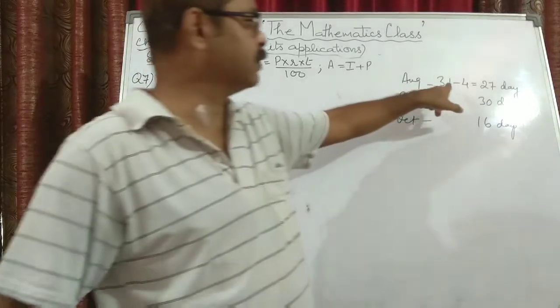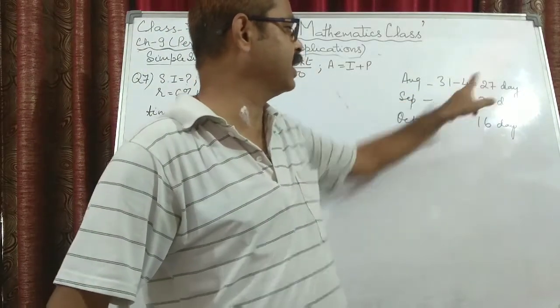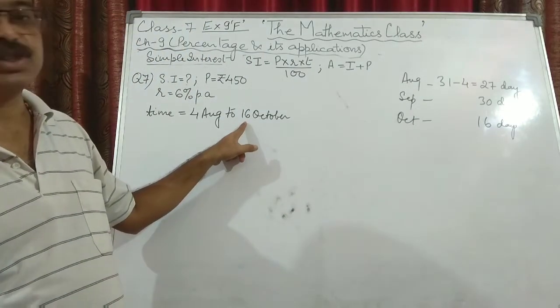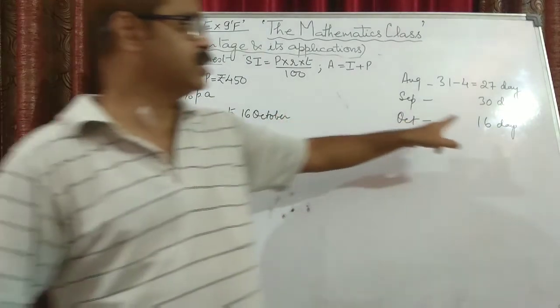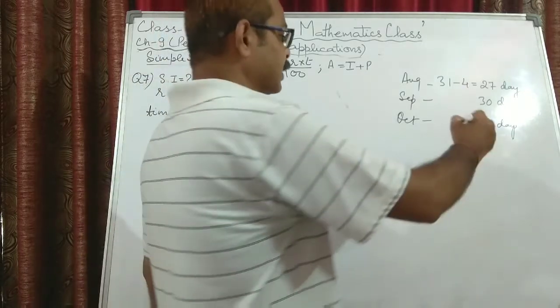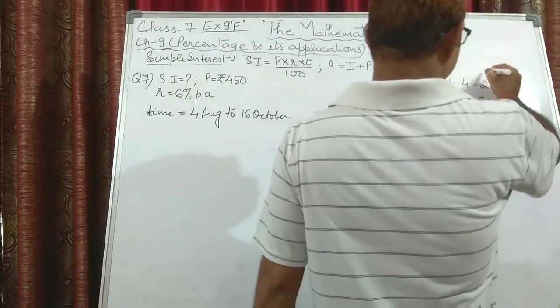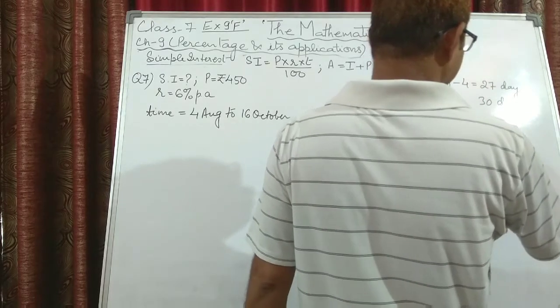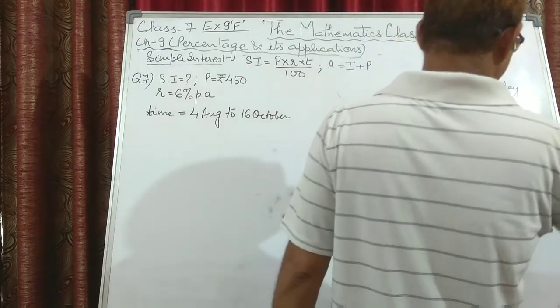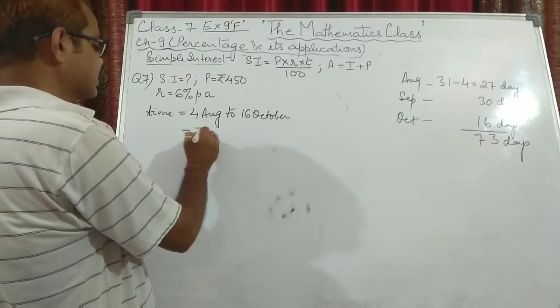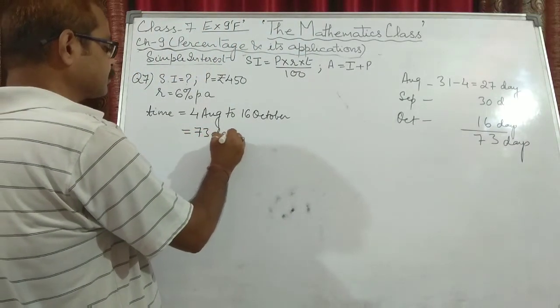So August has 31 days, 31 minus 4 is 27 days, September 30 days, and it was in the bank till 16th of October. Means 16 days in October the money was there. Now total is 73 days. Means total number of days is 73 days.